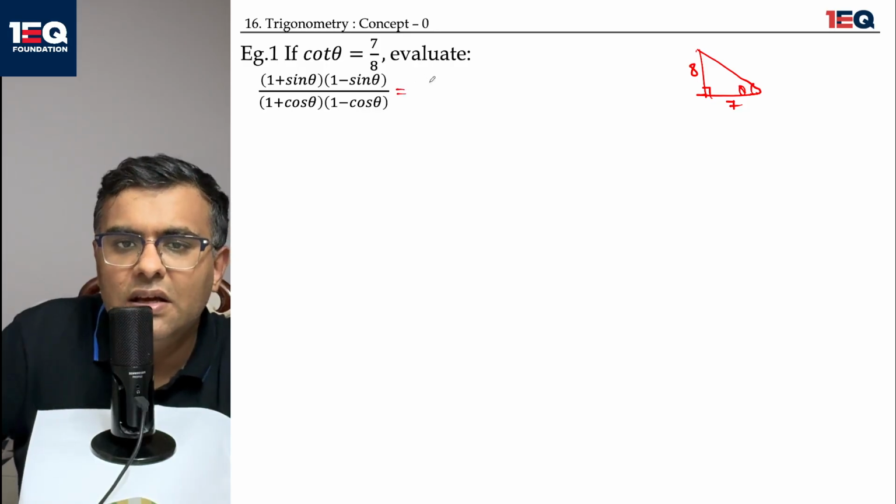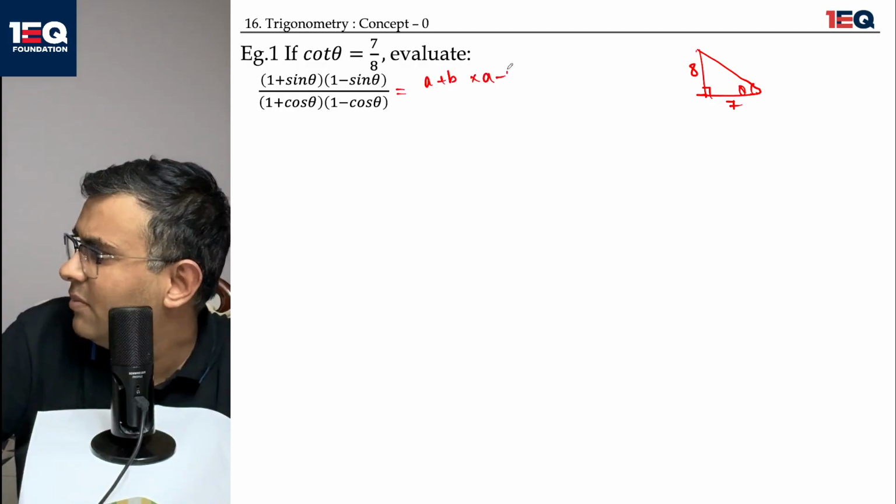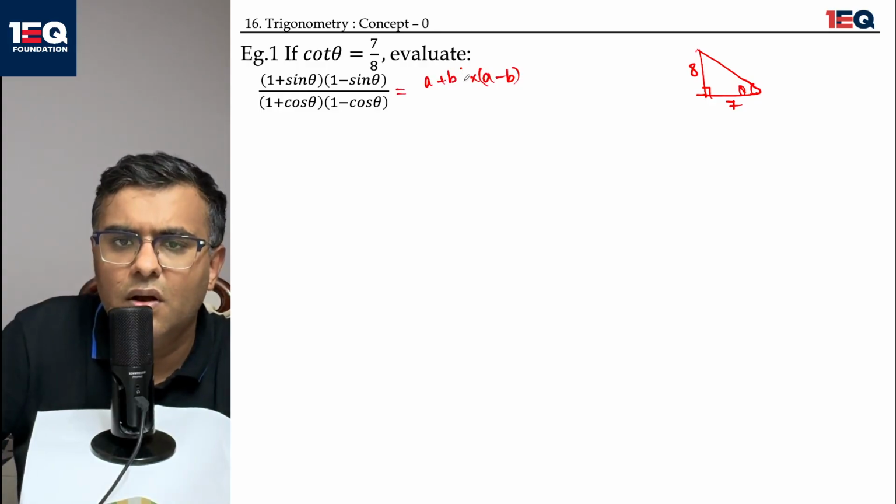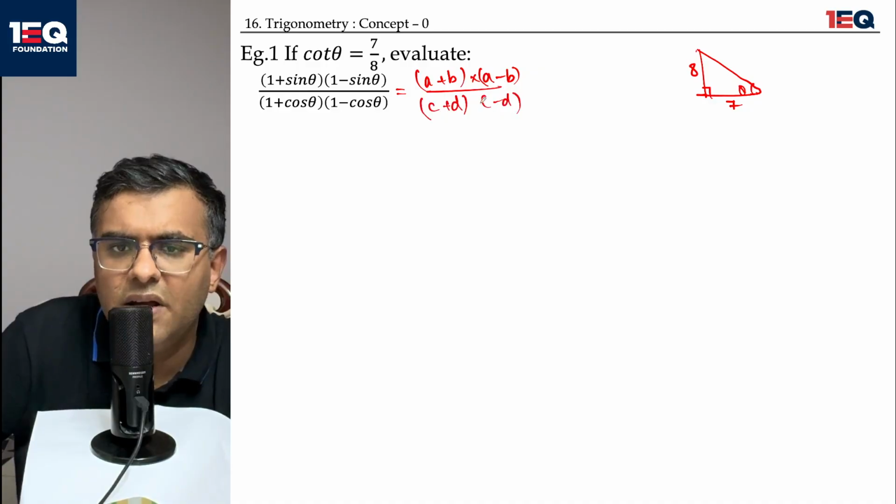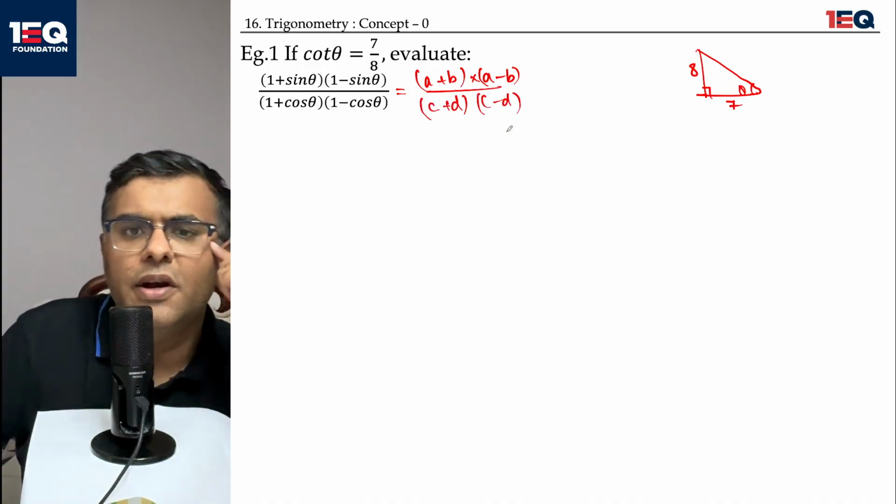I can see a plus b multiplied by a minus b in the numerator and c plus d into c minus d in the denominator.